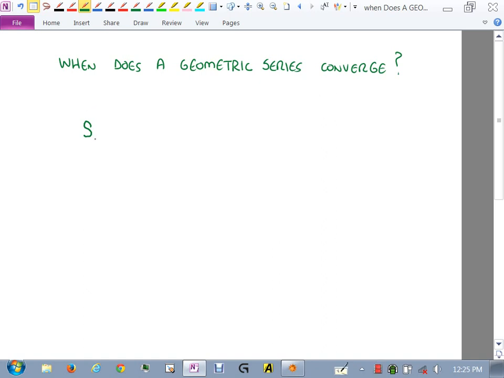See if you can follow this. S sub n, by definition, would be A plus AR plus AR squared plus AR cubed until I get to AR to the n. That's the nth partial sum, right? I would like to know what happens to that when n goes to infinity.